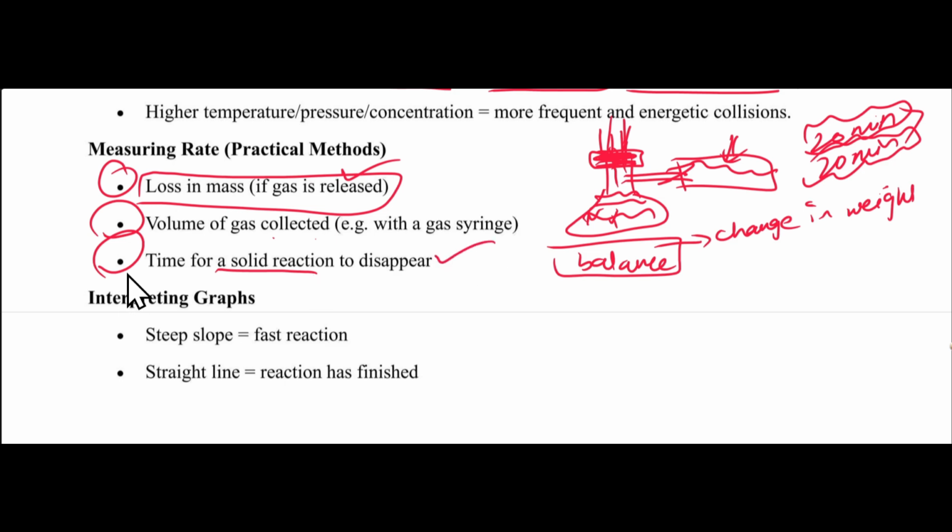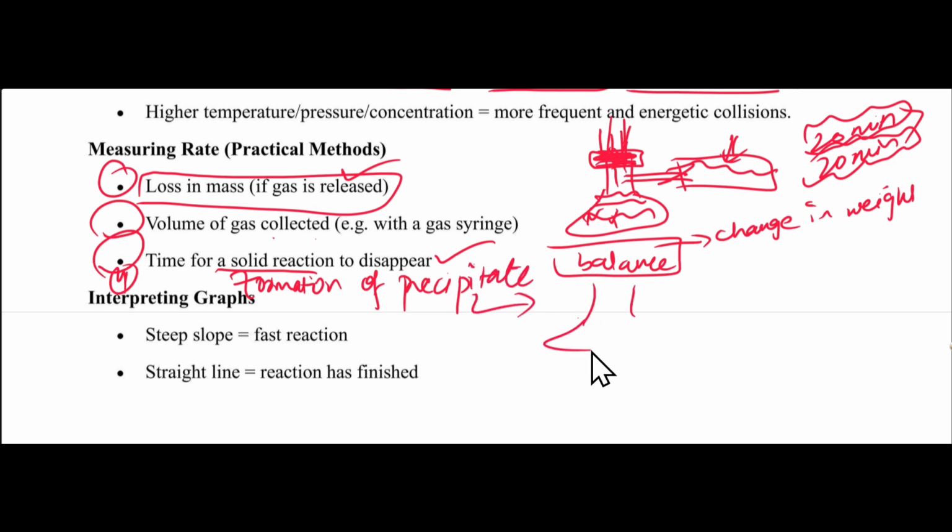Another method, the fourth, is the formation of a precipitate. The time taken for the formation of the precipitate in your product is also a method to measure the rate of reaction. How can you measure it?